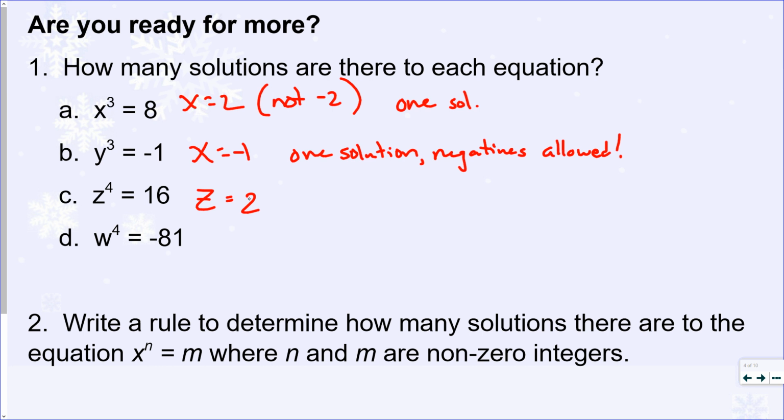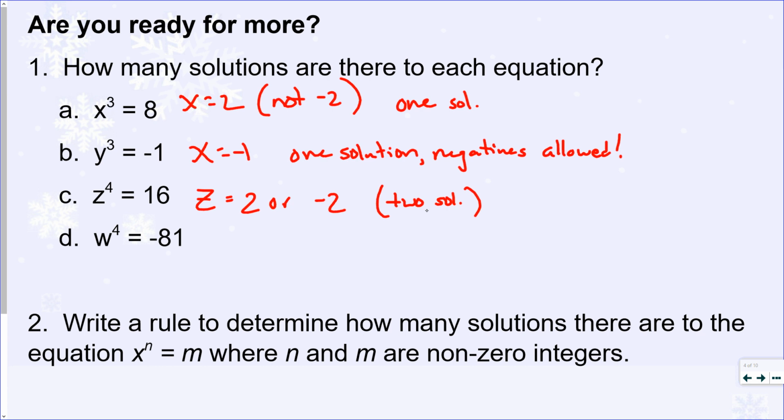Negative 2 times negative 2 times negative 2 times negative 2. That does get you a positive 16 because the negatives will pair together to create a positive. So you do get 2 solutions again. So with a power of 4, we go back to the way the square root works. And we do, in fact, get the 2 possibilities, 2 or negative 2.